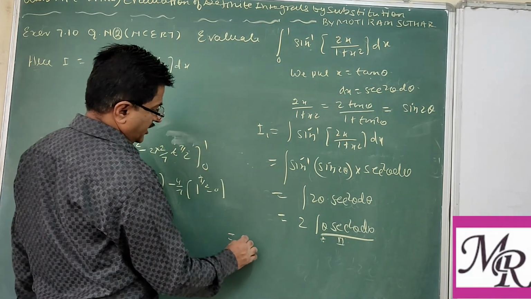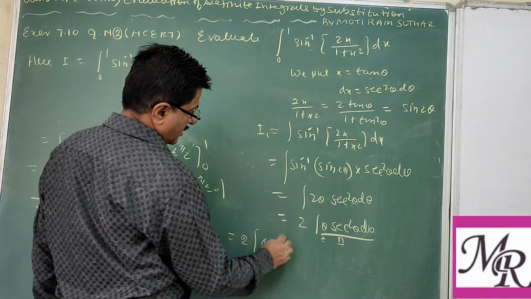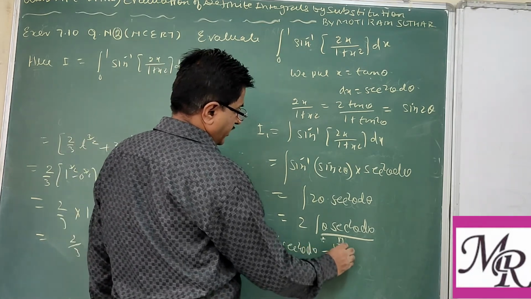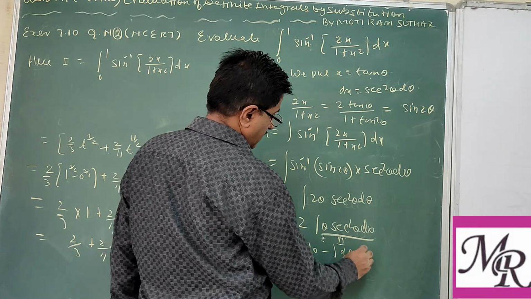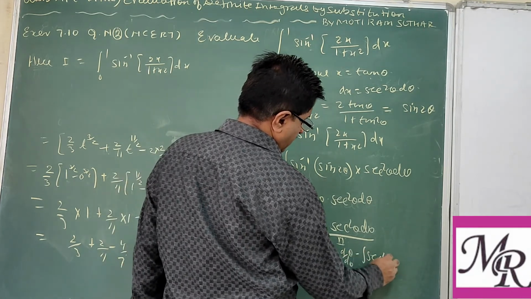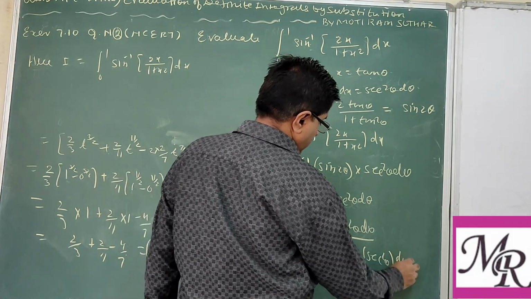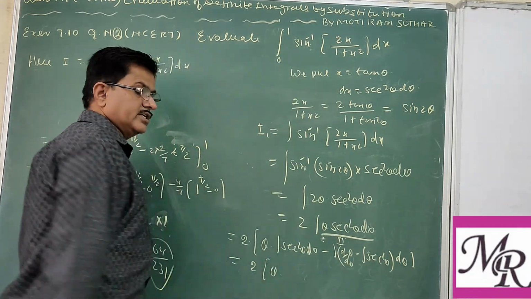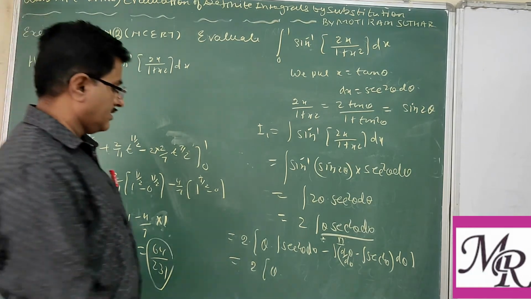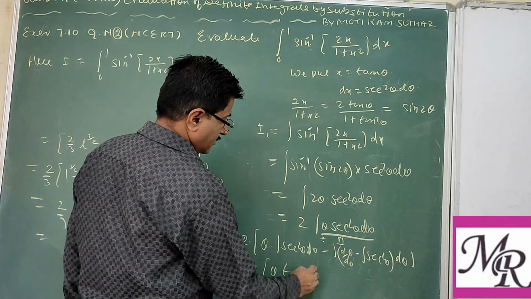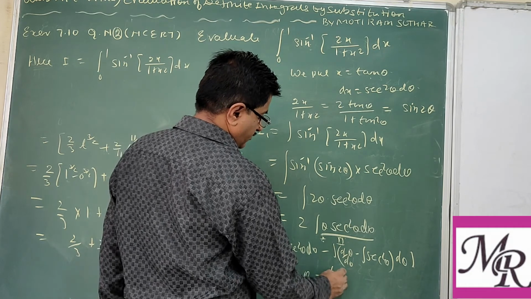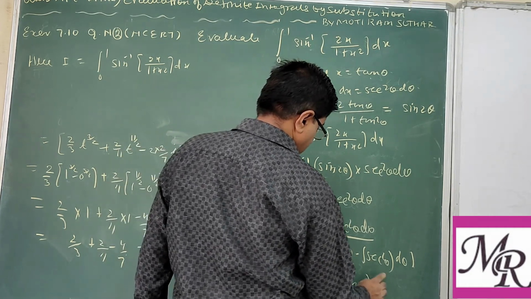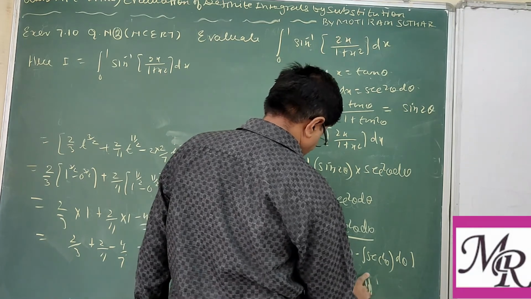So what do we get? First function into integration of second, minus integral of derivative of first function into integration of second, into d theta. So this is 2 into theta and integration of sec square is tan theta, minus derivative of theta is 1, into tan theta d theta.